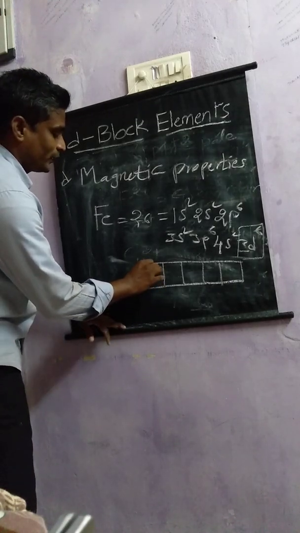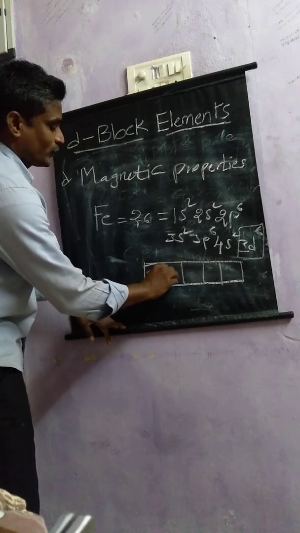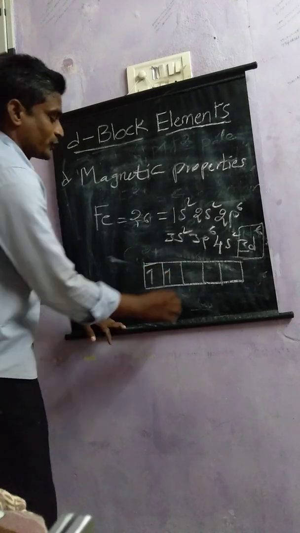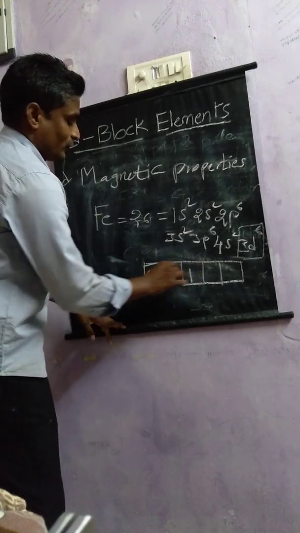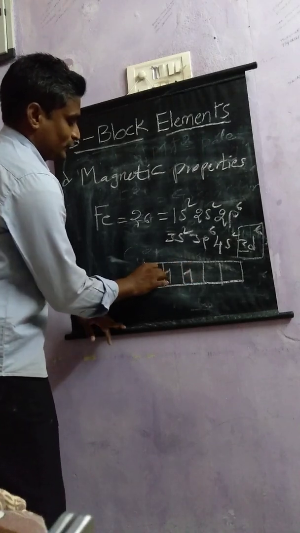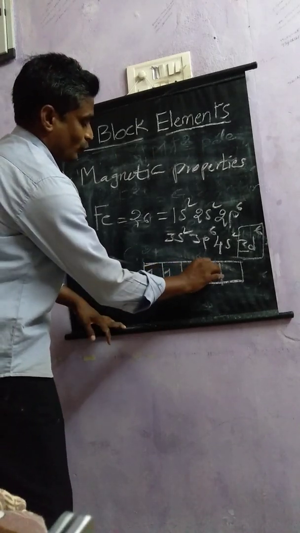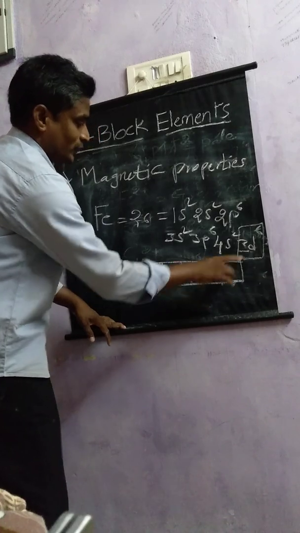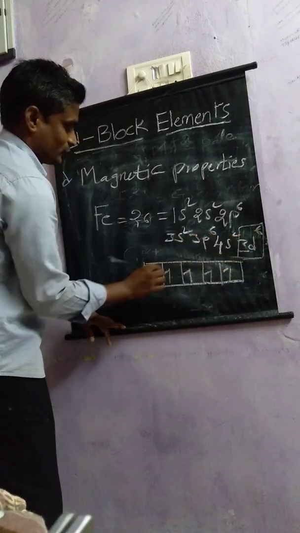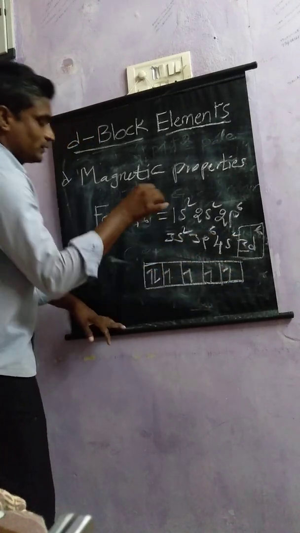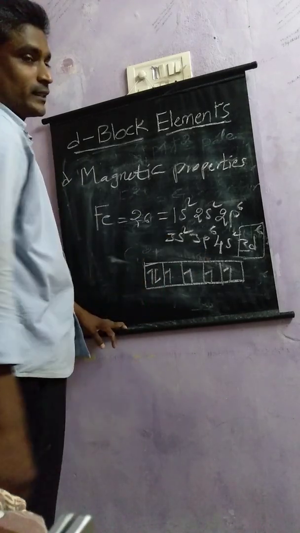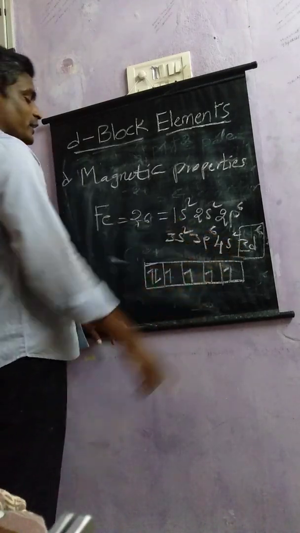So I am drawing the electronic configuration of the outermost shell of iron. 1, 2, 3, 4, 5. How many? 6. So a total of 6 electrons in the 3d sublevel.